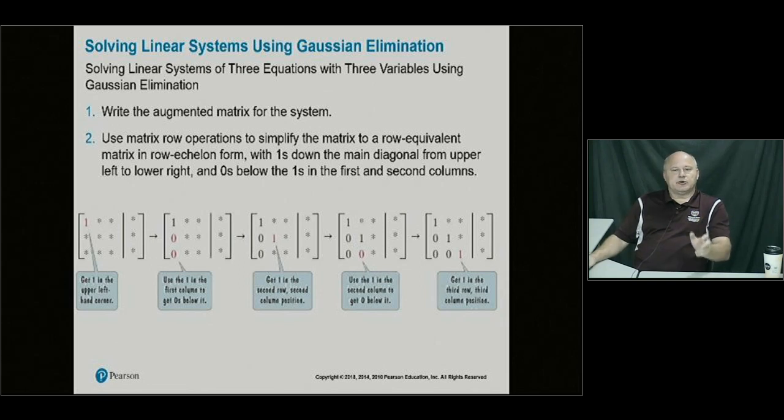You may have to switch some rows, and then you may have to add 2 rows. You may have to multiply the first row by something and add it to that equation to make a 0 below it. So you've got to have zeros below those. Like I said, this could require up to 3 steps just to get to the second augmented matrix here.